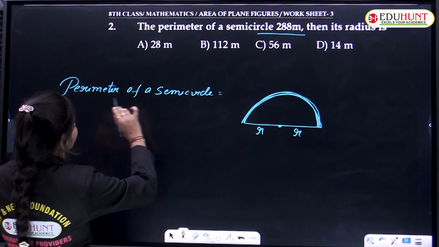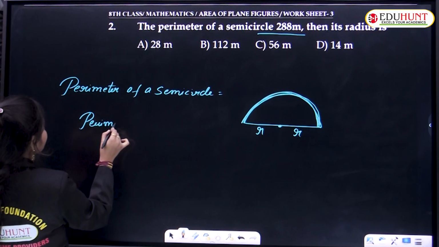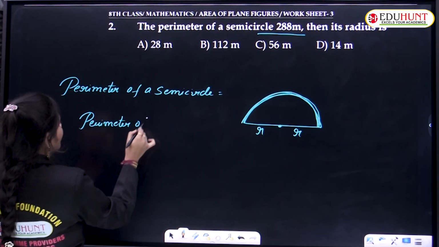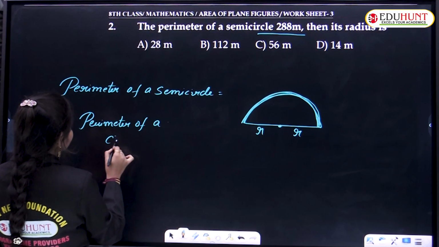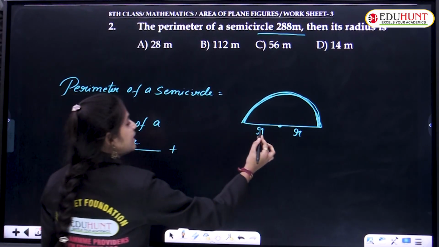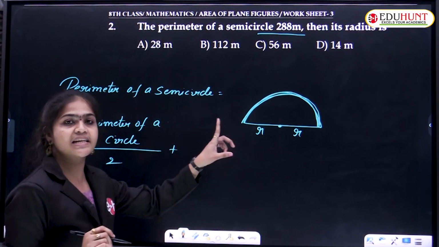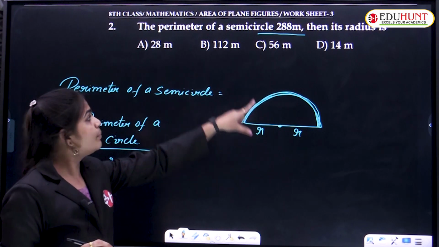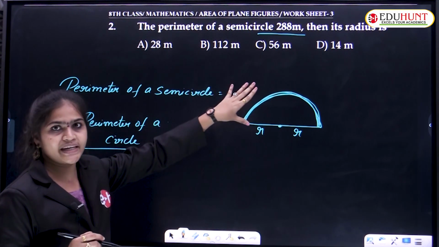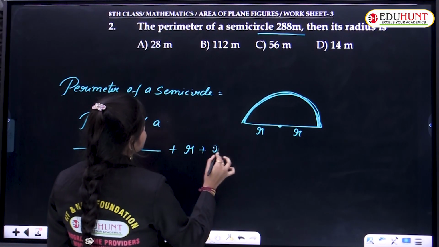So the perimeter of a semicircle is the perimeter of a circle by 2 plus r plus r. 2 times r we could consider as the diameter also, but here the question asks for the radius, that's why r plus r.